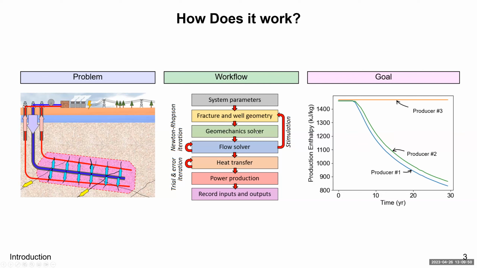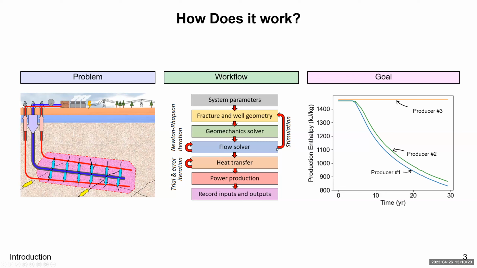And then there's a geomechanics solver that will actually figure out reasonable values for the hydraulic conductivity, the strength of these natural fractures and hydraulic fractures in the subsurface, and do some other coupled physics to estimate what the performance of that flow system might be. And then there's the actual flow solver, which uses a Newton-Raphson iteration, which is simple but fast and effective with the way that this system is meshed.